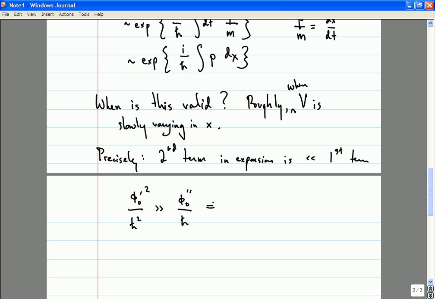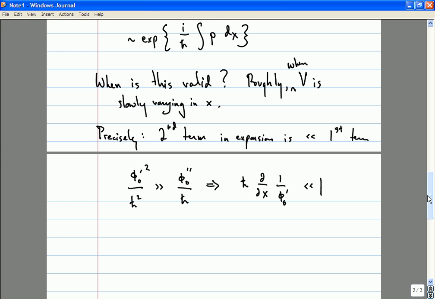And I've chosen to write it in terms of phi naught here rather than phi 1 because then I can just rewrite this equation a little bit more simply. So it's h bar d by dx of 1 over phi naught prime, if I did that correctly, has to be much less than 1.